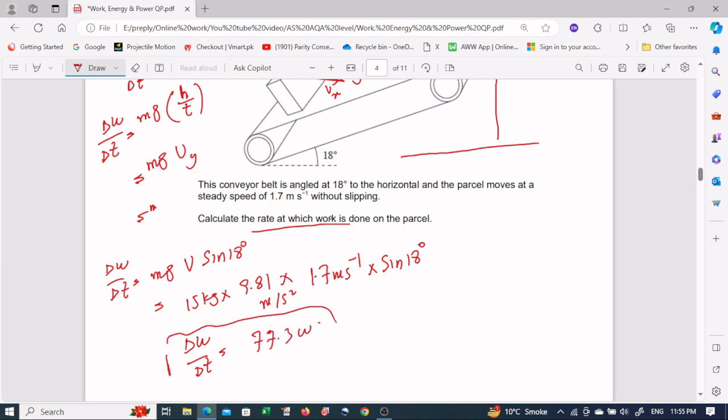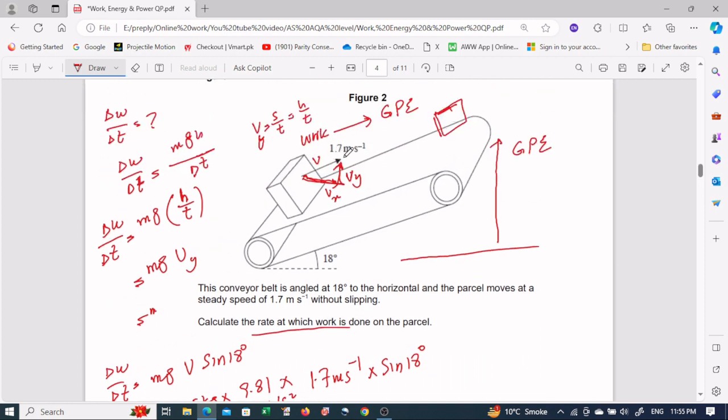So actually only the vertical component is utilized, because only the vertical component must contribute in order to find the total rate of doing work. Okay, I hope this question is clear.